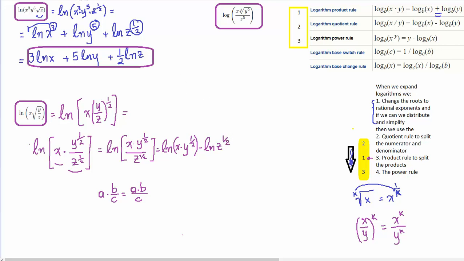So at this point I can continue with the product rule, and I will apply the product rule in the first term right here in order to finish it.